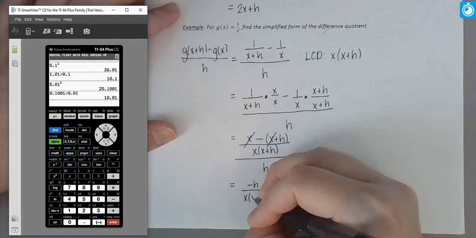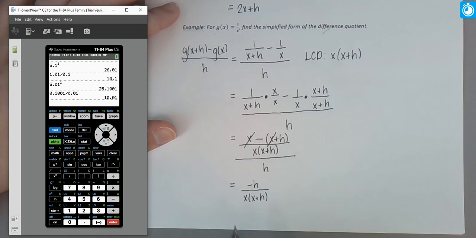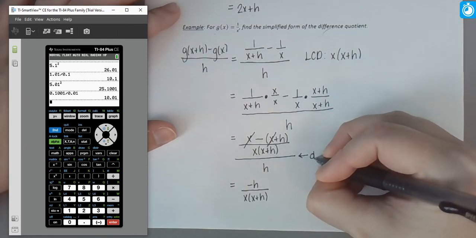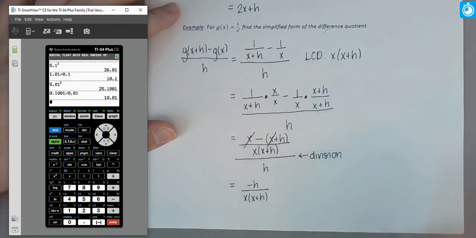So that's going to be x times x plus h. Now, before I write that division by h, that's still going to be fractions within fractions. Now, a fraction over another fraction also means division. So remember, this fraction bar also means division. We don't really have a procedure truly for dividing fractions.